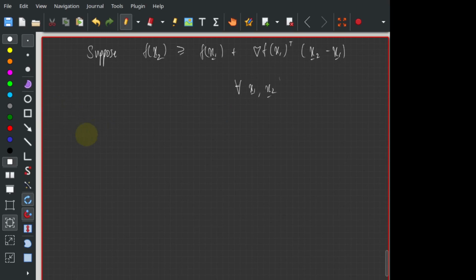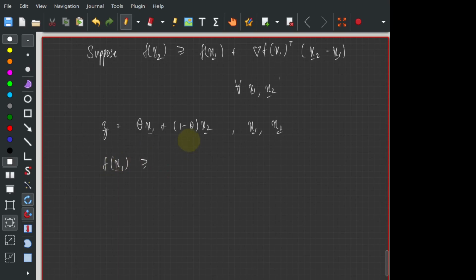So let's take 3 points. Let's say that z is equal to theta x1 plus 1 minus theta x2. So we have z and we have the points x1 and x2. So let's look at f of x1.